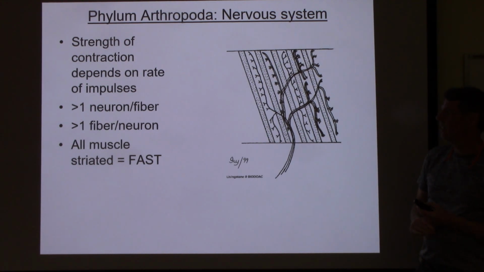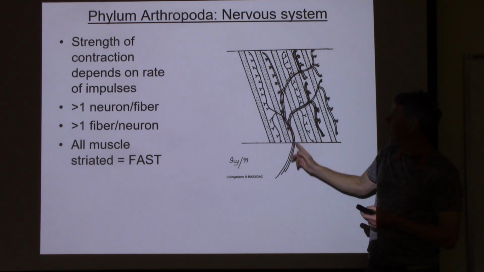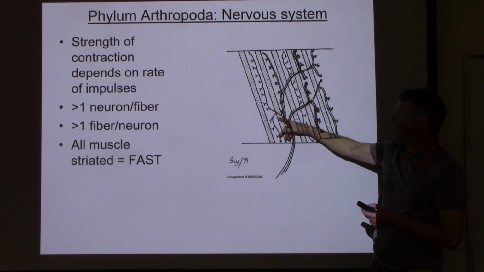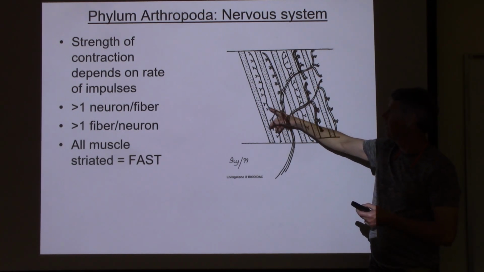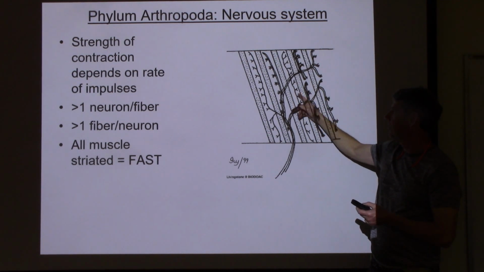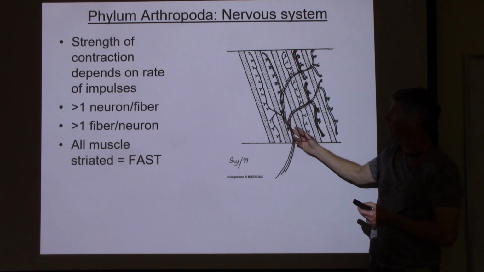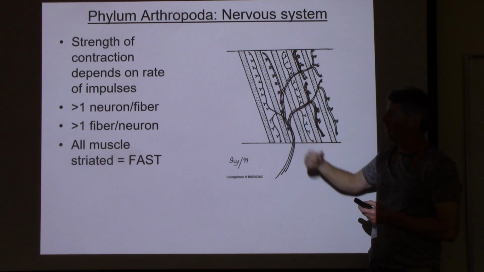And so what you see here is that a neuron basically, through its axon, splits up, and more than one neuron innervates, attaches to each muscle fiber, and each muscle fiber has a lot of different neurons going to it. Each neuron goes to a lot of different muscle fibers, and so this whole muscle can contract.